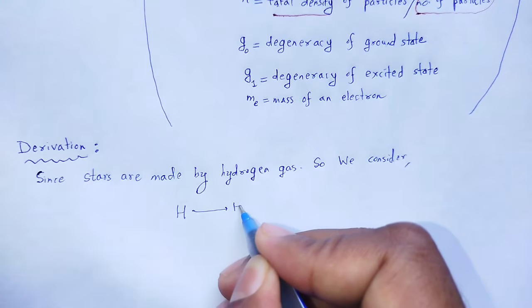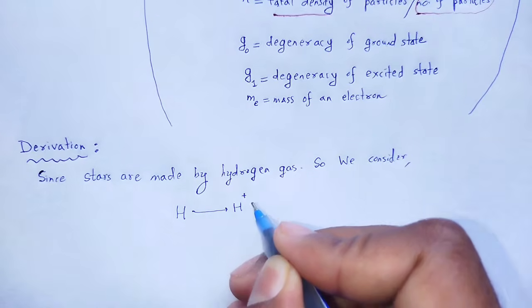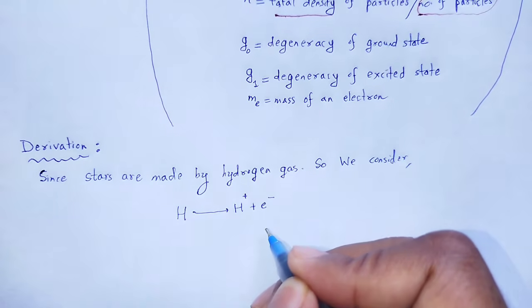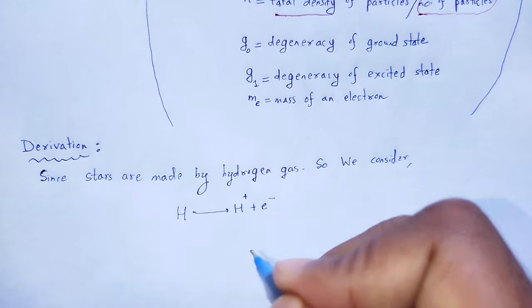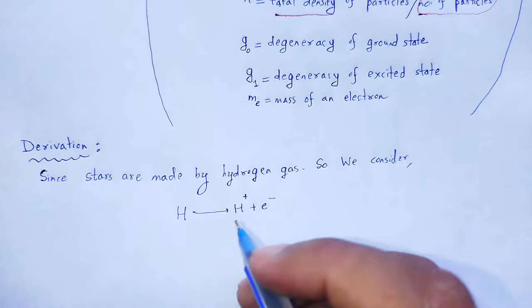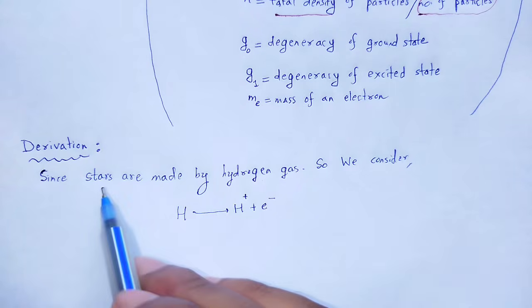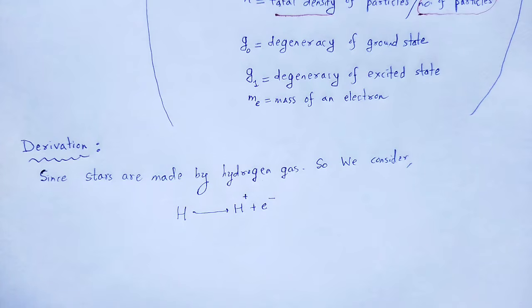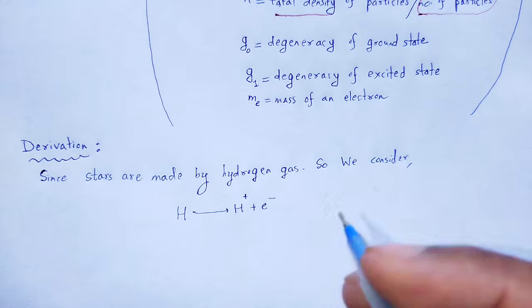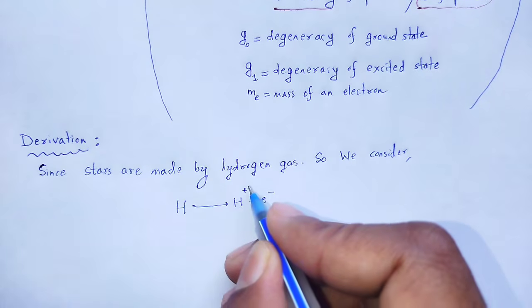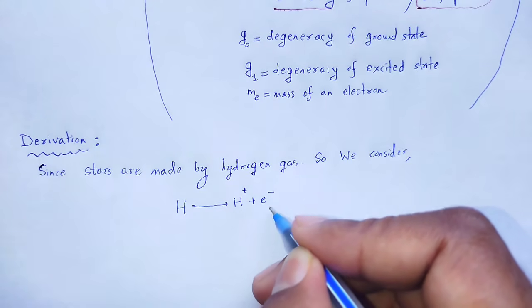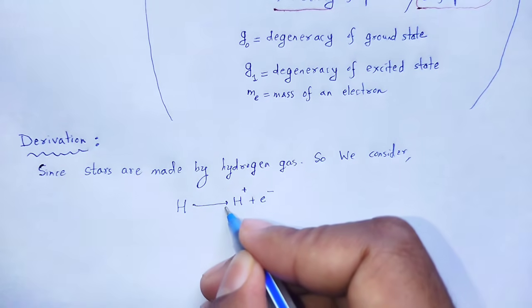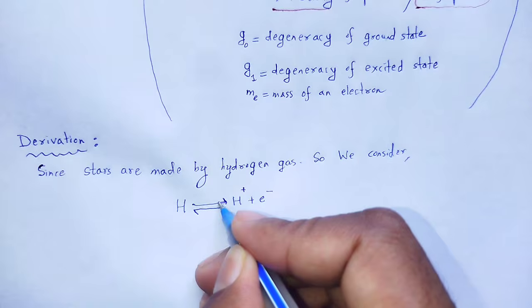When it is ionized by producing an electron, it means it is excited, or we can say it is ionized. That ionization occurs in stars due to the collisions of hydrogen atoms in the star at high temperature. Similarly, if that ionized hydrogen atom again captures an electron, then it converts to its neutral state.